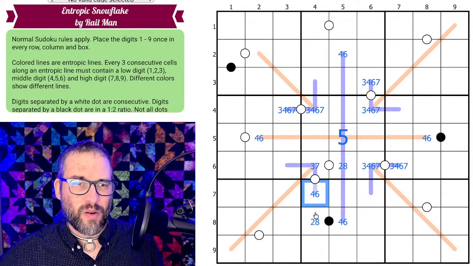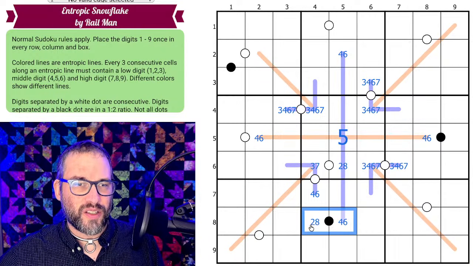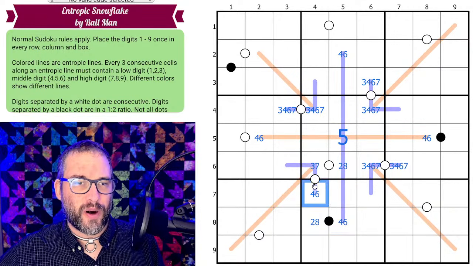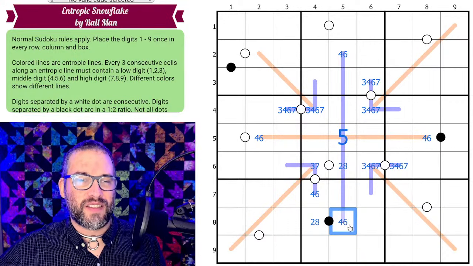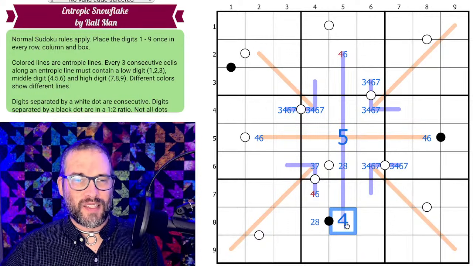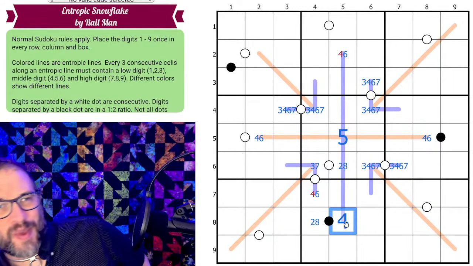But now, either this is a 2, 4, in which case this is a 6, 7. Oh, sorry, this just is a 4. That's better.